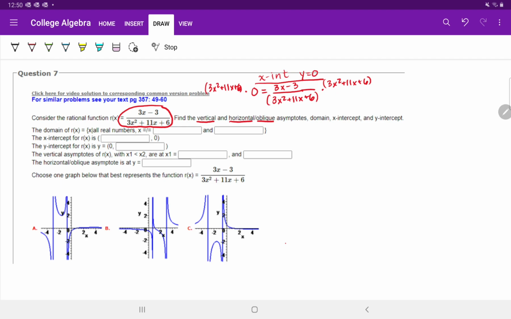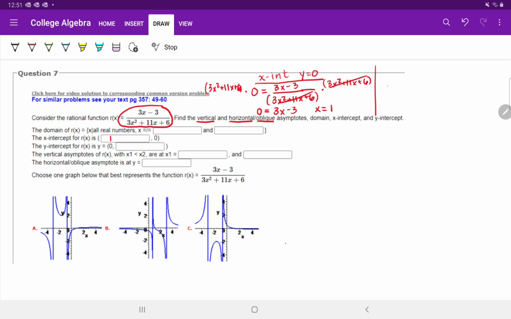On the left, we'll still have 0. But on the right, this cancels with this, and we end up with 3x minus 3. Now it's very easy to solve for x. We get x is equal to positive 1. So our x-intercept is at x equals 1, which is the point 1 comma 0.